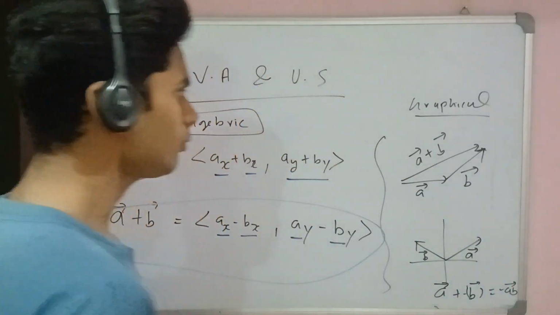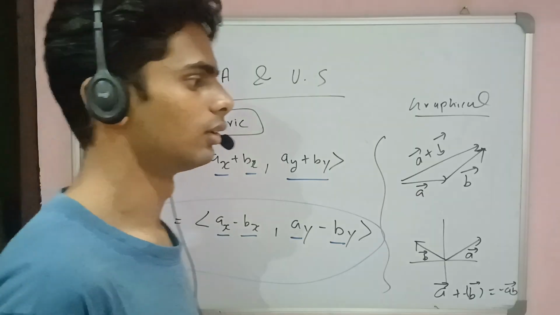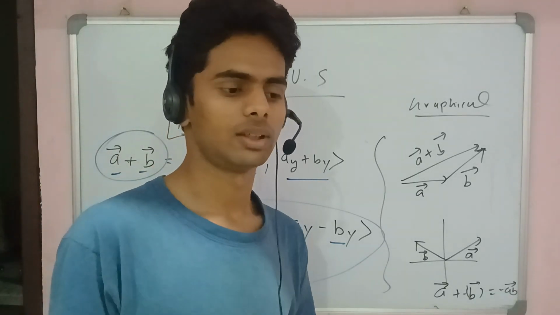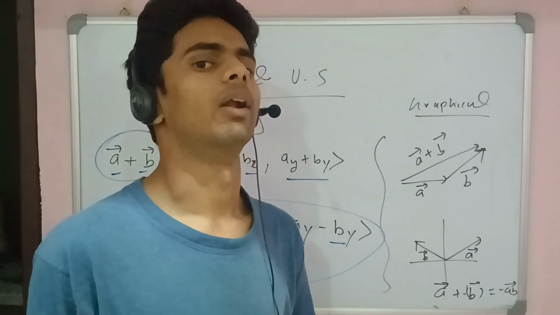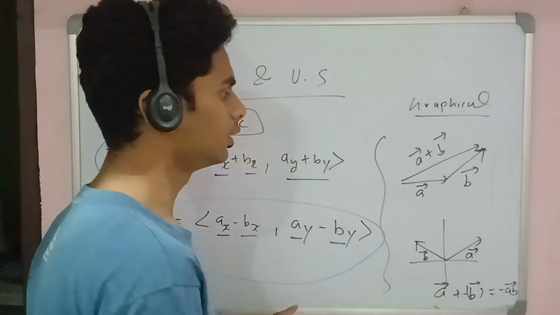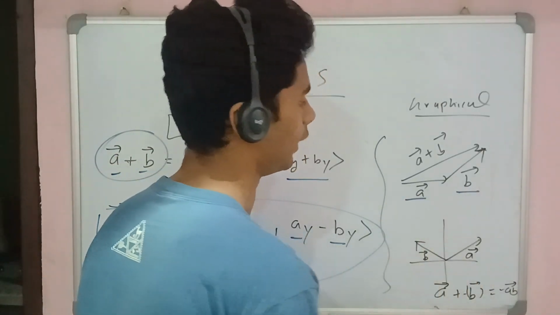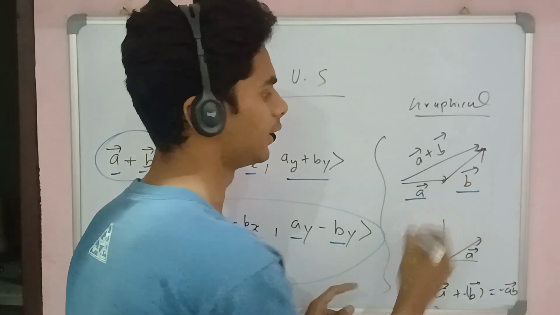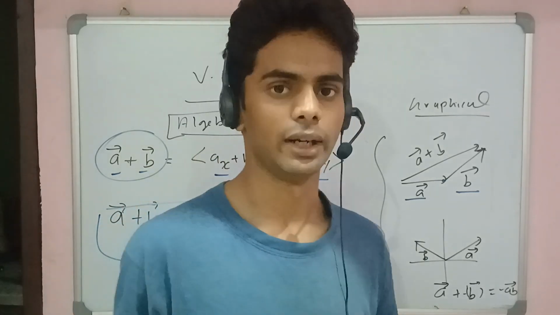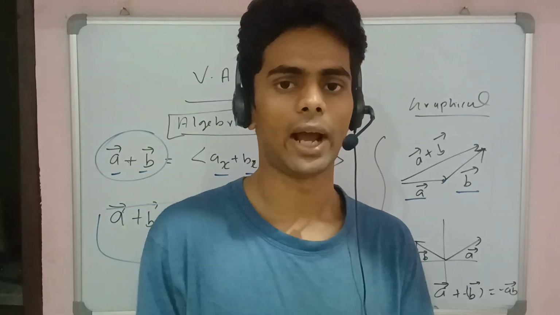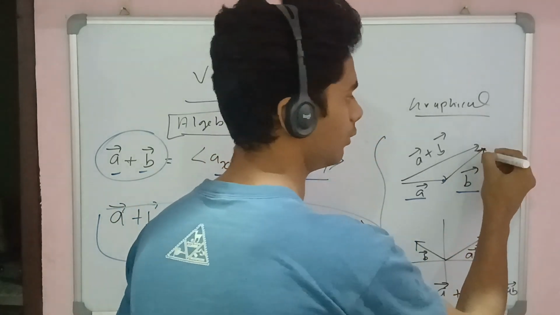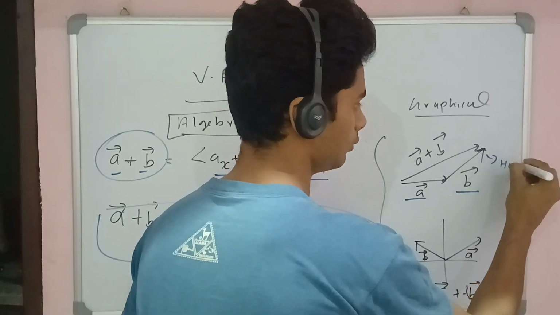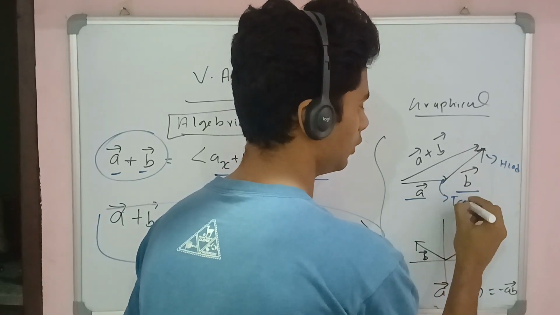And what is the graphical way of adding a vector or subtracting a vector? Now suppose both vectors are connected head to tail. This is the head and this is the tail.